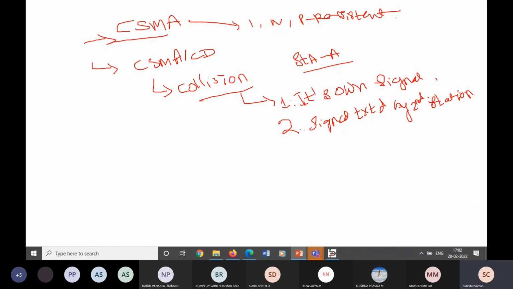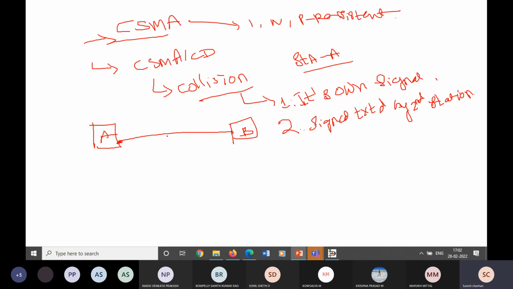So in a wired network, the received signal has almost the same energy as the sent signal. Suppose station A and station B are connected with a dedicated wired link. I'm not saying the wireless link. The energy in the link will be the same throughout the cable.